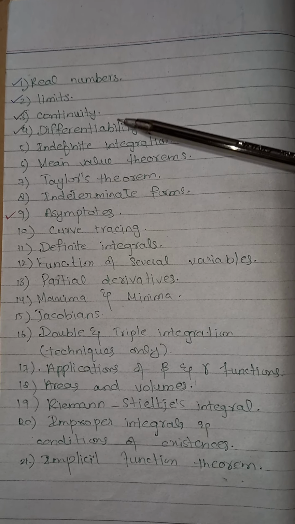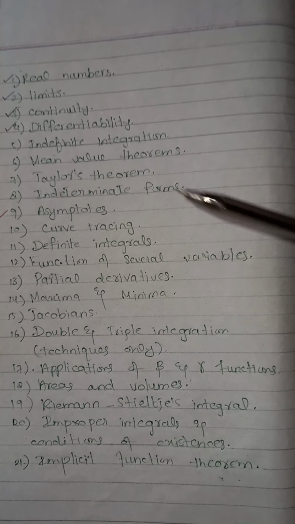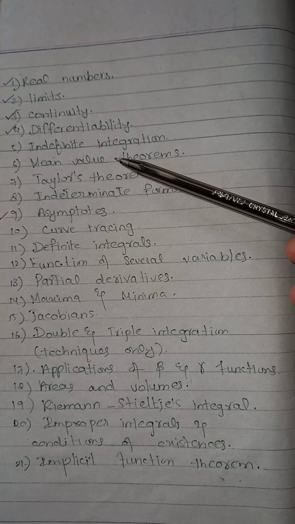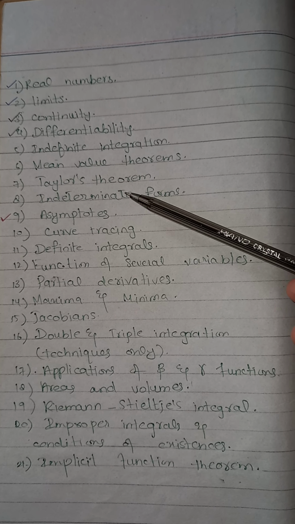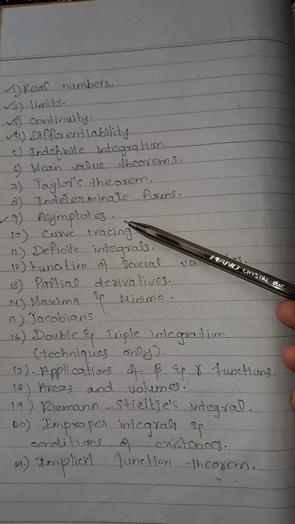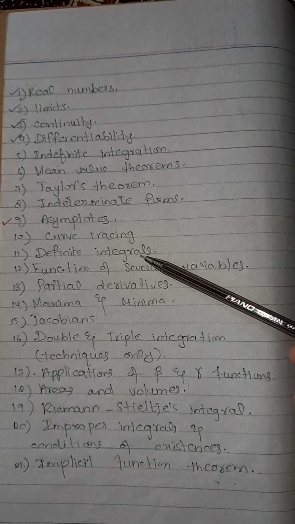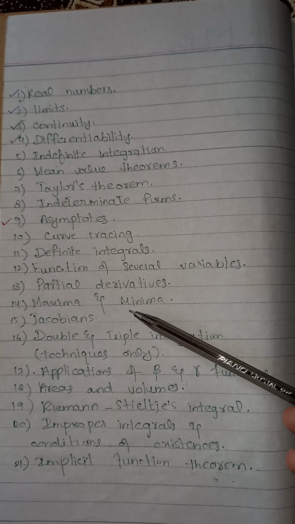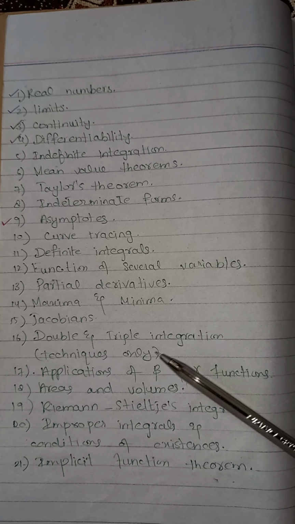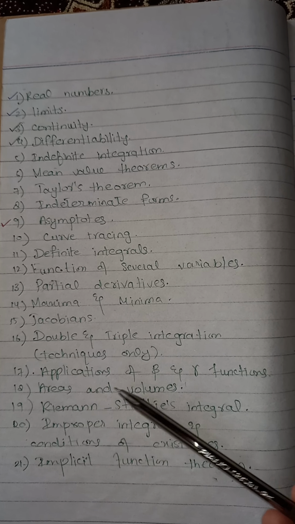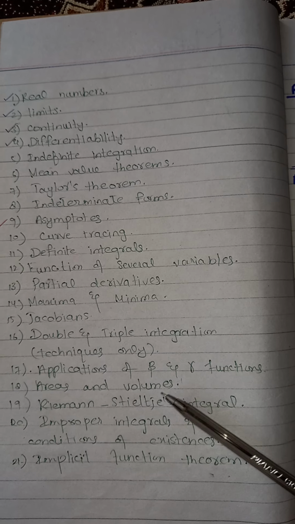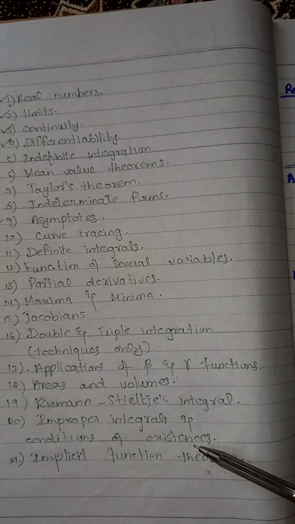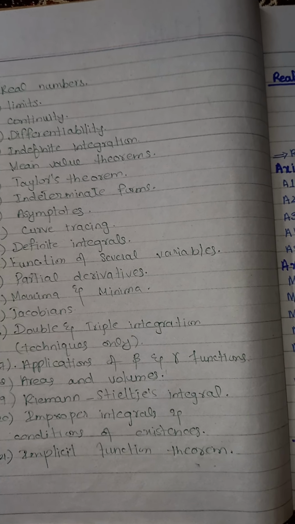There are other ones, but I have written down only 21 topics: real numbers, limits, continuity, differentiability, indefinite integration, mean value theorems, Taylor theorem, indeterminate forms, asymptotes, curve tracing, definite integrals, function of several variables, partial derivatives, maxima and minima, Jacobians, double and triple integration techniques only, applications of beta and gamma functions, area and volumes, Riemann-Stieltjes integral, improper integral and conditions of existence, and implicit function theorem.